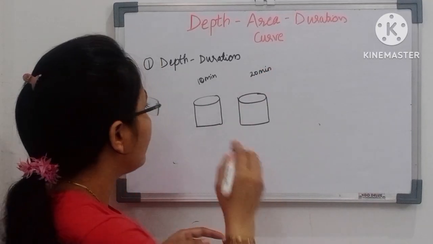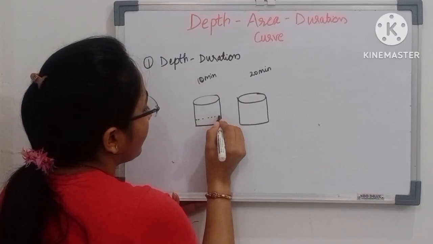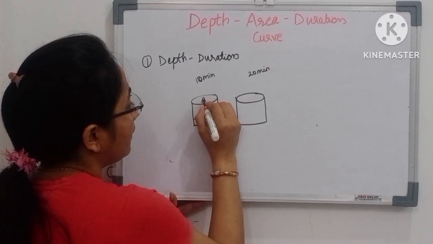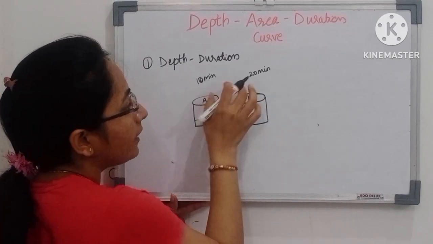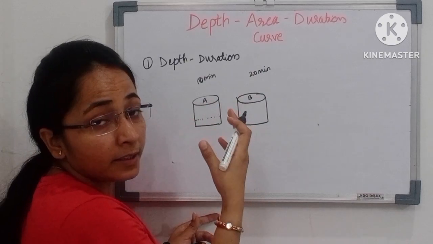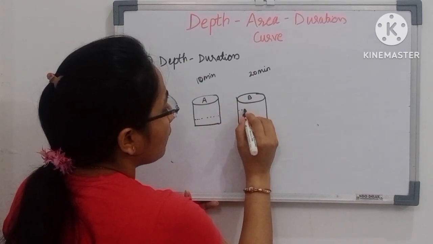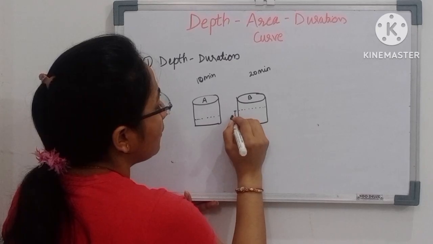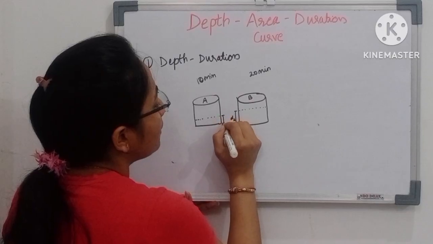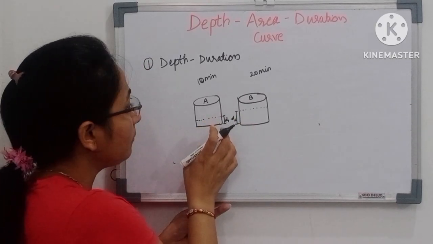So what will happen? The depth will be less in container A, and here since the duration is just double and the intensity is the same, the depth of the rainfall here will be T2. It will be just double that of A.